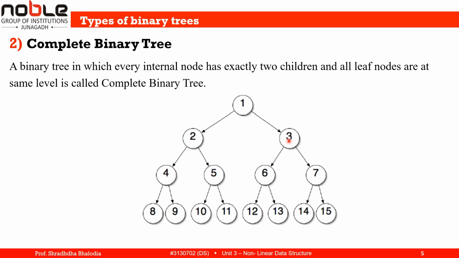So here in this example we can see all the internal nodes have exactly 2 children. 1 has 2 children, 2 and 3. 2 has 2 children, 4 and 5. 3 has 2 children, 6 and 7, and all the leaf nodes are at the same level. So that's why we call this tree a complete binary tree. So in complete binary tree, all the internal nodes have exactly 2 children and all leaf nodes are at same level.